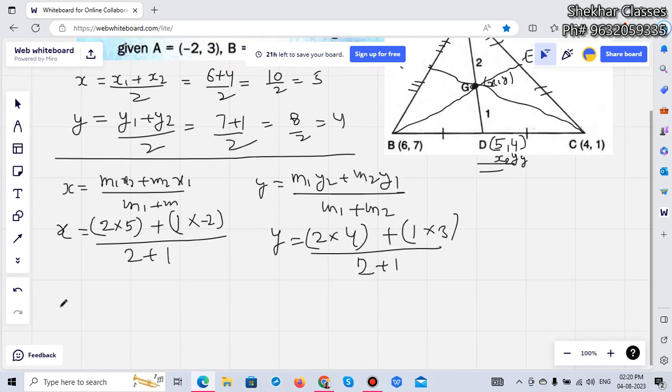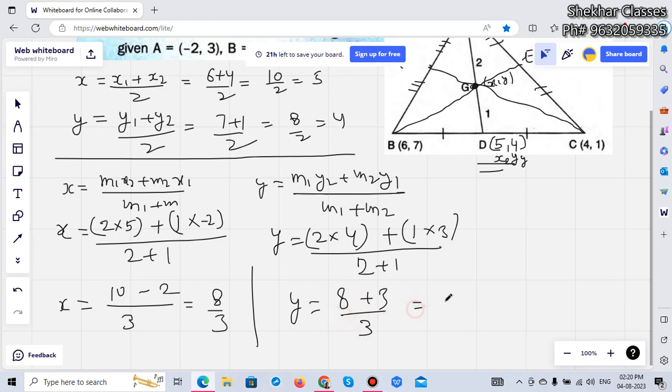When I solve it, what do we get? X is equal to 2 fives are 10, minus 2 upon 3, so that is 8 upon 3. And for the other one, Y is equal to 8 plus 3 upon 3, so 11 upon 3. So what is the coordinate that we got for G here?